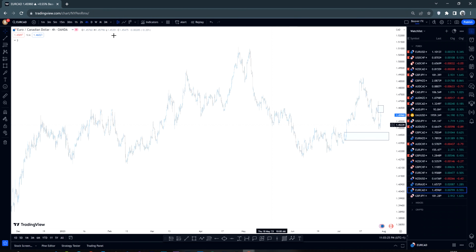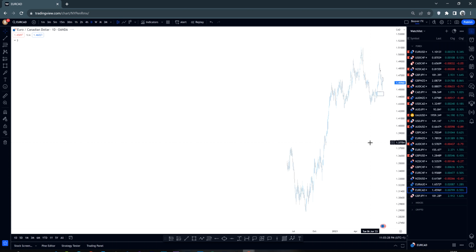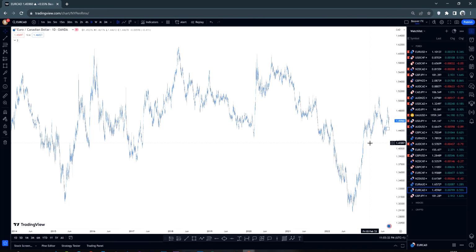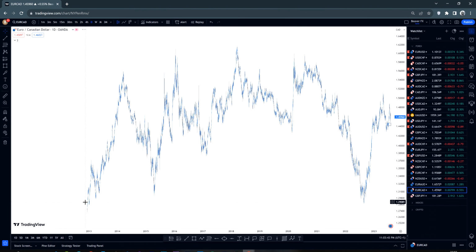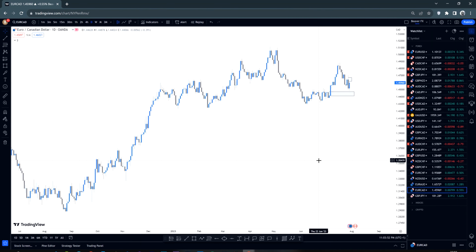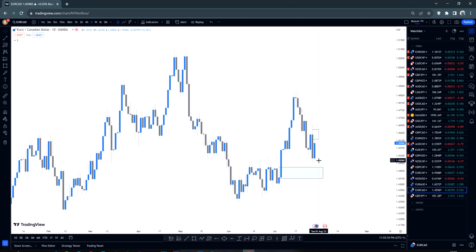So yeah, let's see. When it comes to overall market direction on this pair, we had a break. We broke here, we broke this down part also. Well, we didn't actually get here. This is on a daily time frame, so there are a lot of other possibilities that we can find there.